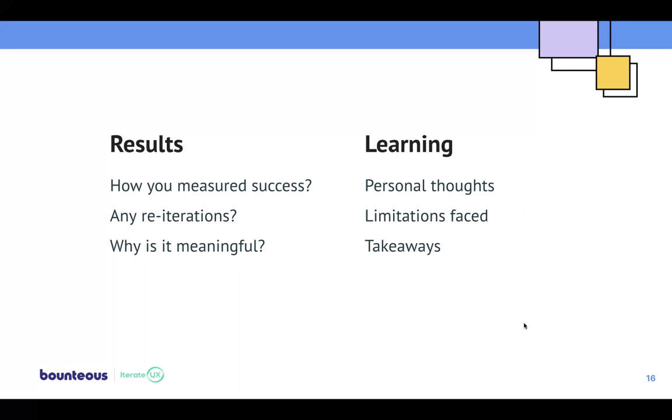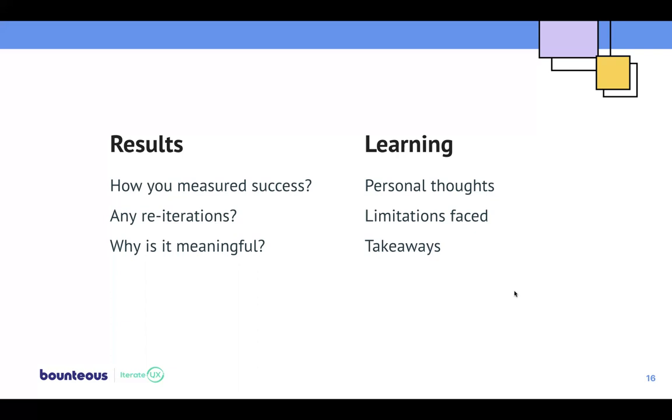Or if you're including your visuals or UI design, like prototypes, in the case study, you can also include that as part of your results, saying, we went with these brand colors. We didn't find it useful, so we changed them to these brand colors, and give the reasoning. What made you change that? So that is your finding and your result, right? So, did I answer your question there?